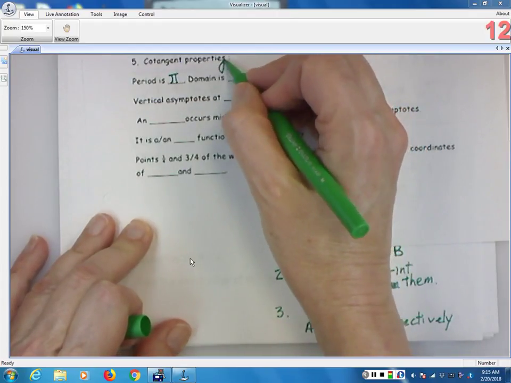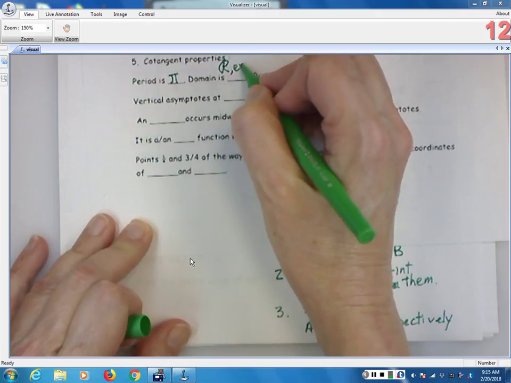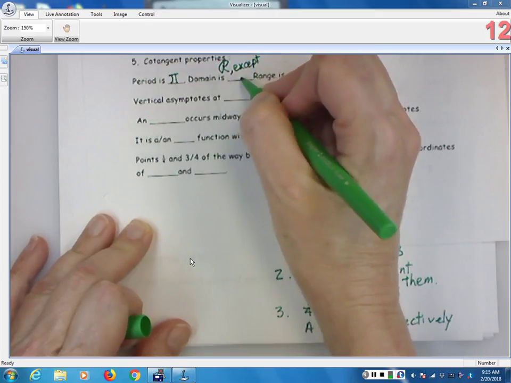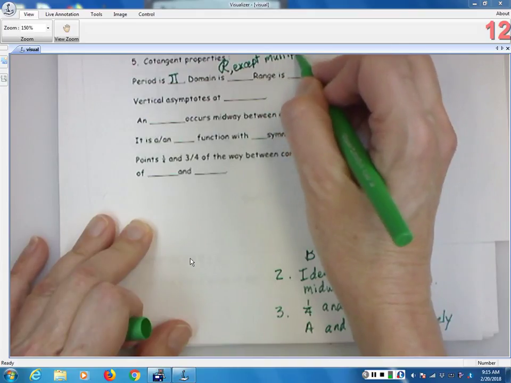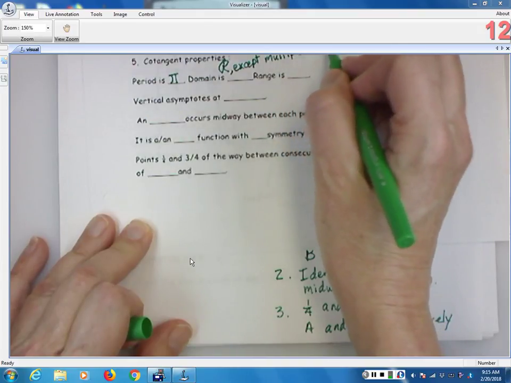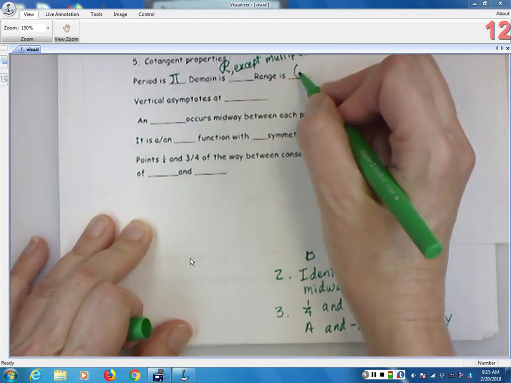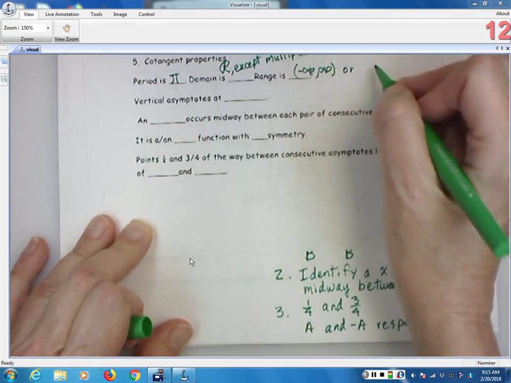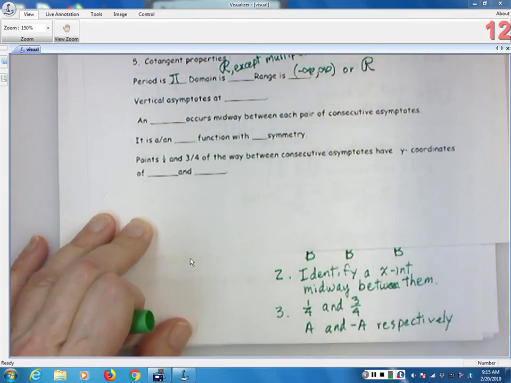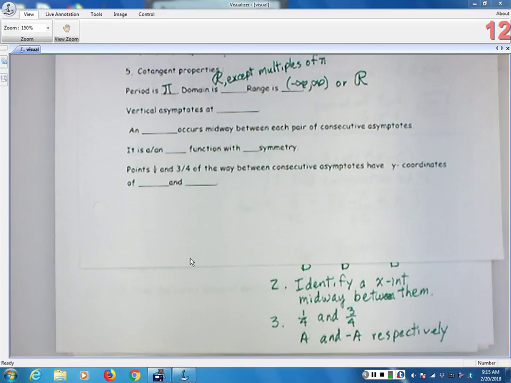all the real numbers except multiples of pi. And the range is all reals, or minus infinity to infinity. And in this class, you can just write a capital R like that for all reals if you want.